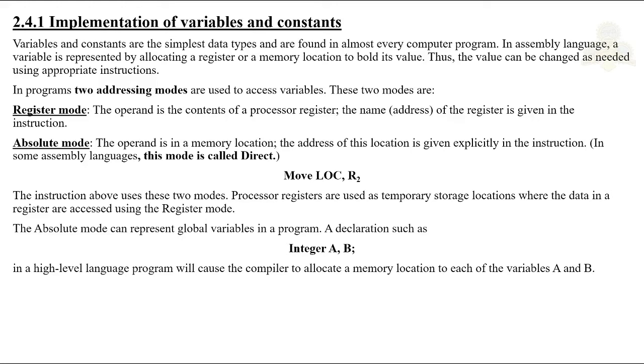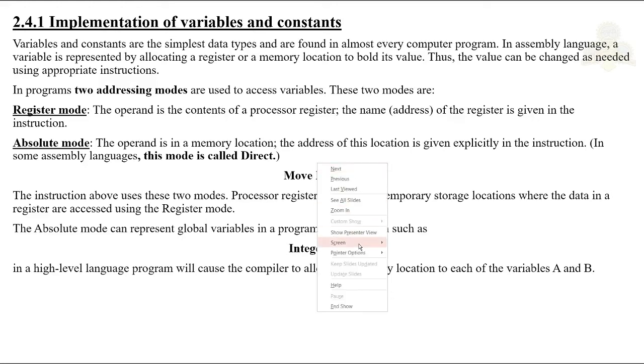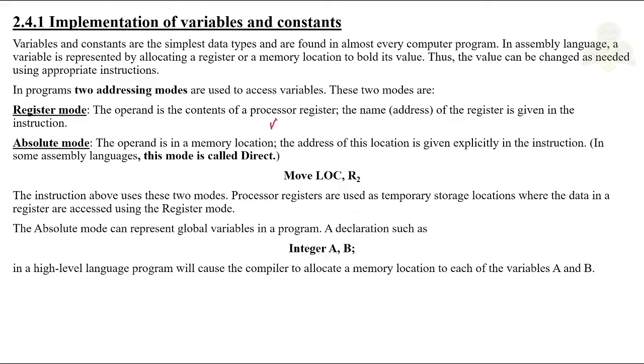Okay. Now this one, R2 is a processor register. So whenever R1, R2 or any special purpose register is found in the instruction, we say that is a register mode. Suppose for example we have this instruction move R1 comma R2.